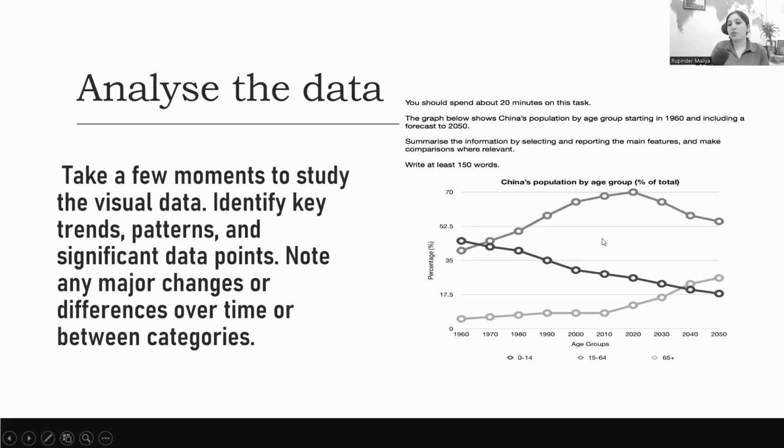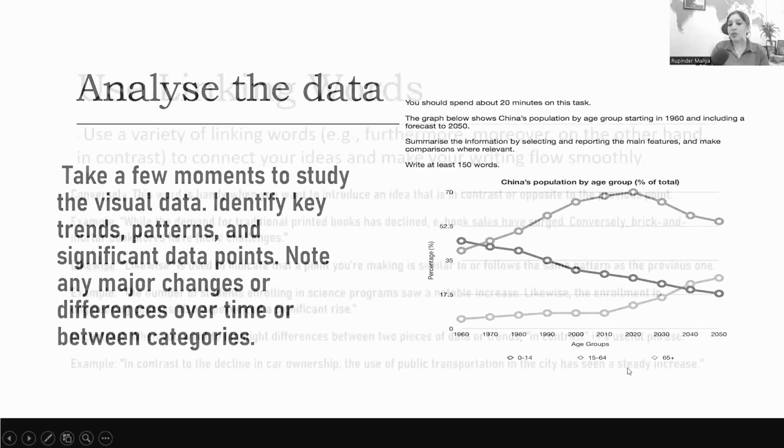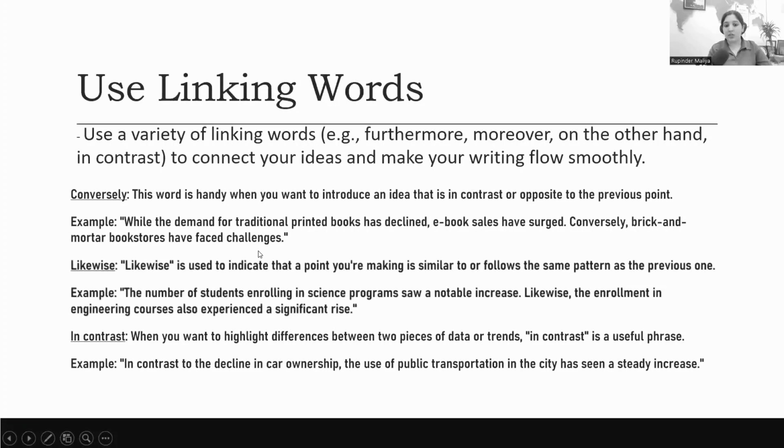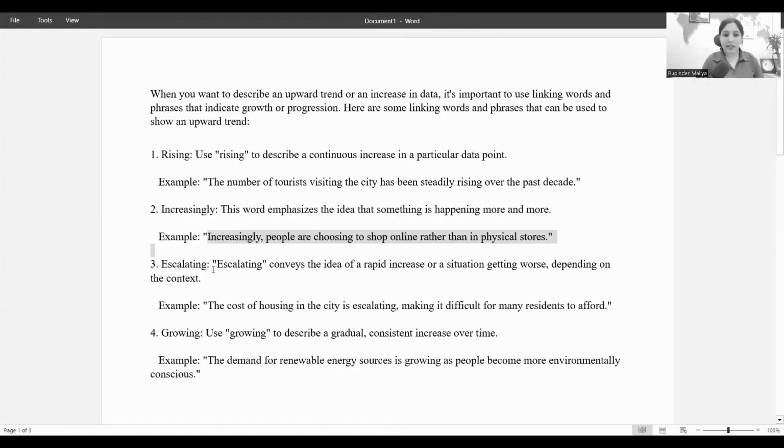2050, and that also for different age groups like 0 to 14, 15 to 64, and 65 plus. We should not bookstores have faced challenges. Then likewise indicates that a point you are making is escalating is another good word.